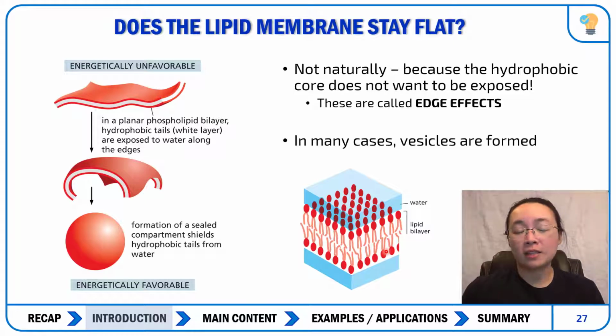So back to the question of whether it can stay flat. Number one, yes it can, if we provide favorable conditions. Number one, if it's anchored properly. Number two, you can also use a porous membrane, for example. You can use a gold substrate and have a whole bunch of holes in that substrate, and then put one solid bilayer on top of it. And that bilayer can fall apart at the edges.